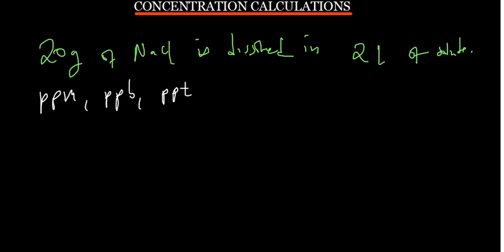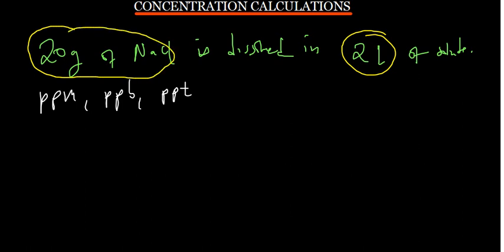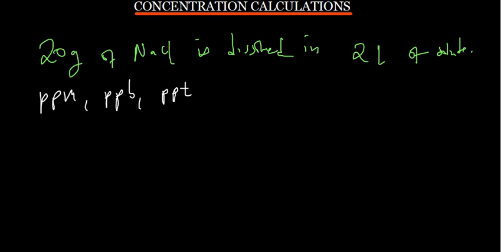Now the first thing I need to do, since I've got the mass of sodium chloride in grams, is convert the solution to be in grams, right? So since we are assuming it's a solution of water, if we have got 2 liters, it means we have got 2 kg, right? Now I don't want it in kg, I need it in grams. 2 kg is the same as 2000 grams. Okay, we have found that.